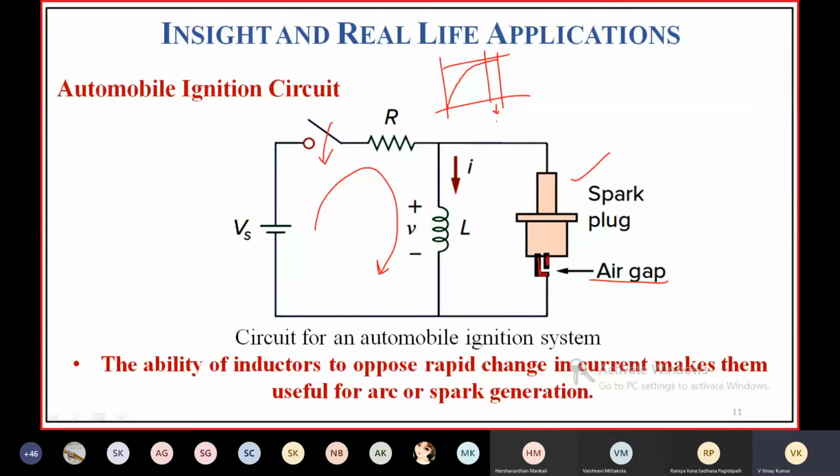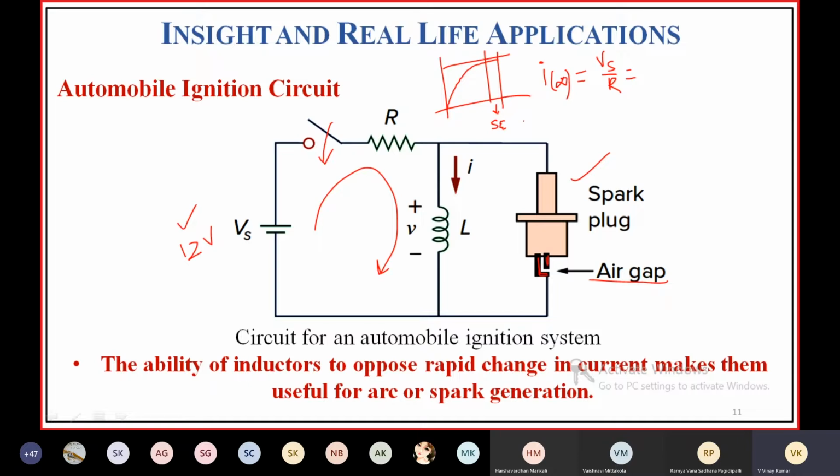At this instant, the inductor acts as a short circuit. Then what will be the steady state current? I of infinity is equal to Vs by R. Normally the voltage applied is 12 volts; in a car we use a 12 volt battery to produce a spark so that you can ignite the fuel.